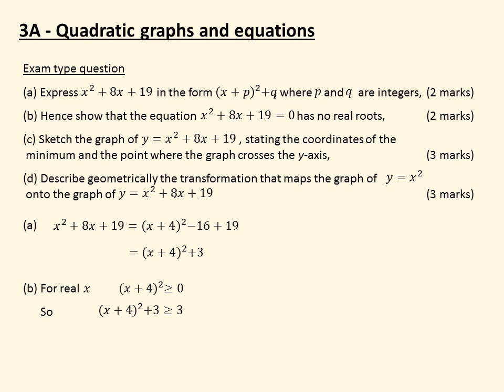So we're saying x plus 4 squared plus 3 can never reach 0. But x plus 4 squared plus 3 we showed in part A was the quadratic from the question. So this is always larger or equal to 3, and so it's never 0, so it never has real roots.